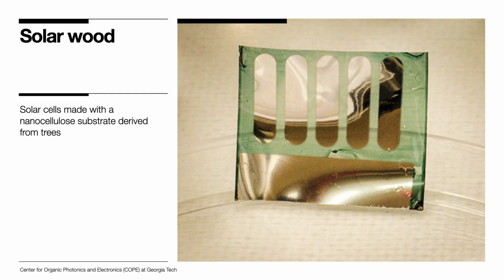Why not mimic the function of photosynthesis even more directly by using materials from trees themselves? And so this is a development where researchers have created solar cells with nanocellulose substrate that's derived from trees.